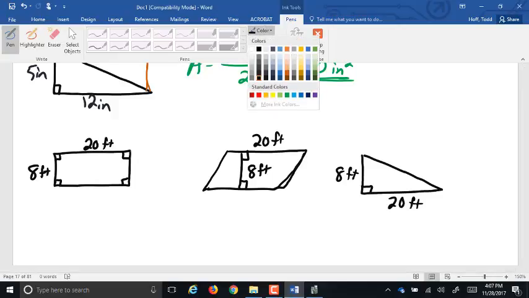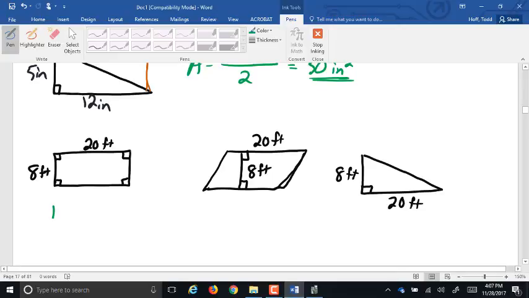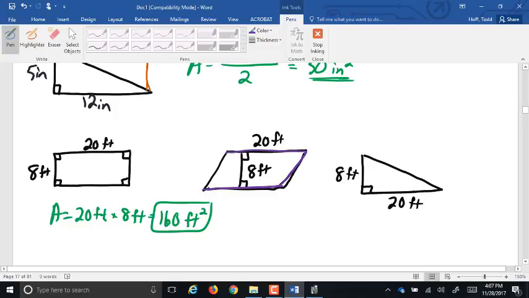Those are all related. The first two here, of course, the area is going to be 20 feet times 8 feet, just length times width, giving us 160 square feet. What's the area of the second shape going to be?